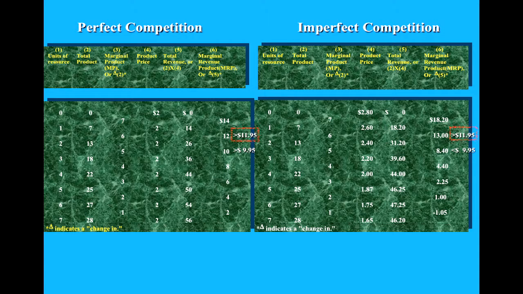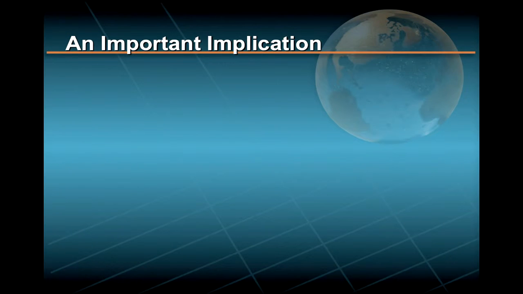At a wage rate of $11.95, and therefore an MRC of $11.95, both the purely competitive and the imperfectly competitive seller will hire 2 workers. However, at a wage rate of $9.95, the competitive firm will hire 3 workers, while the imperfectly competitive firm will hire only 2 workers.